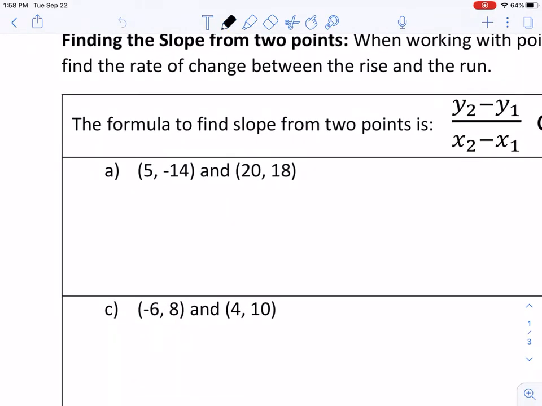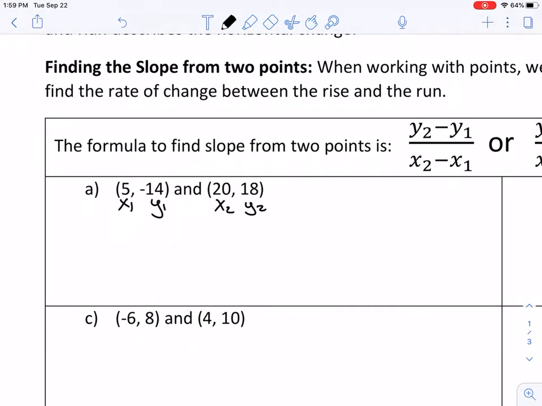So the way I like to do these, I like to label these. So here we have 2 ordered pairs. These would be points on a graph, and this is our x coordinate and our y coordinate for our first point. So I'm going to call that x1 and y1. And this is my x coordinate and y coordinate for my second point. So I'm going to call those x2 and y2.